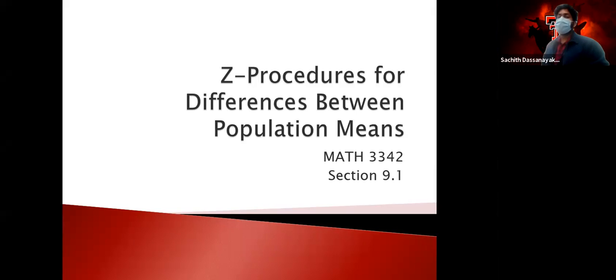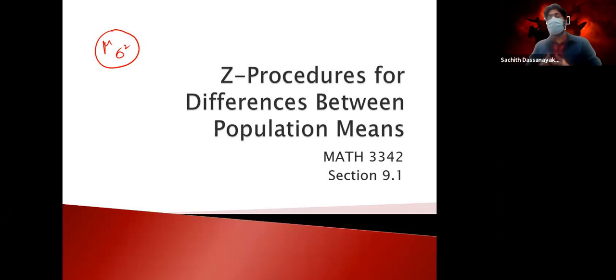We have to discuss procedures for two samples or two populations. Up to chapter 8, we discussed just one sample, we considered one population. For that particular population, we were interested in the mean, mu, variance, sigma squared, or standard deviation, sigma.